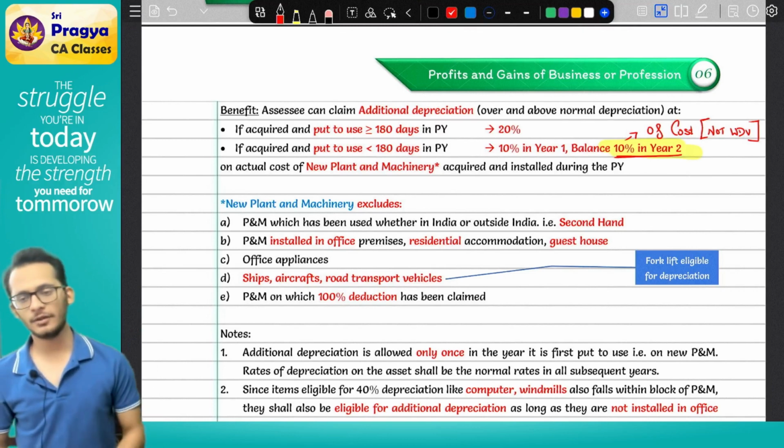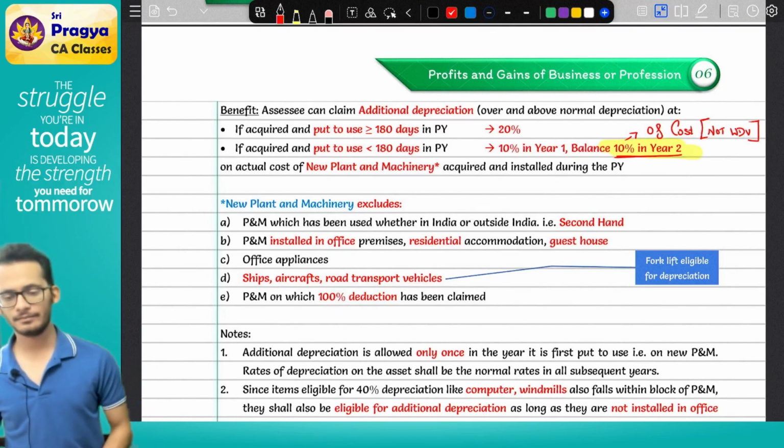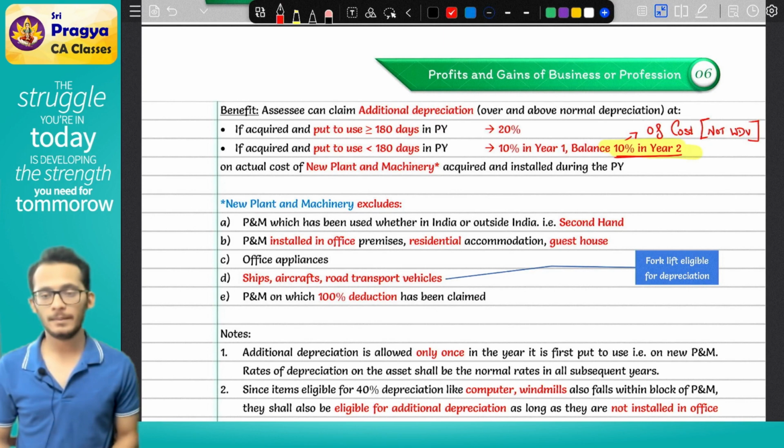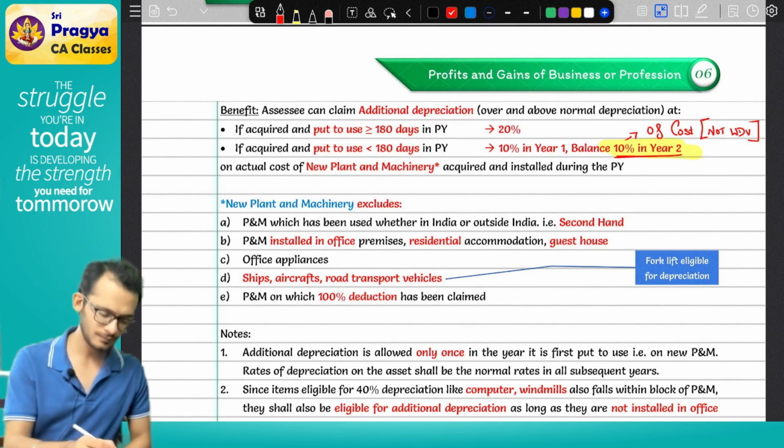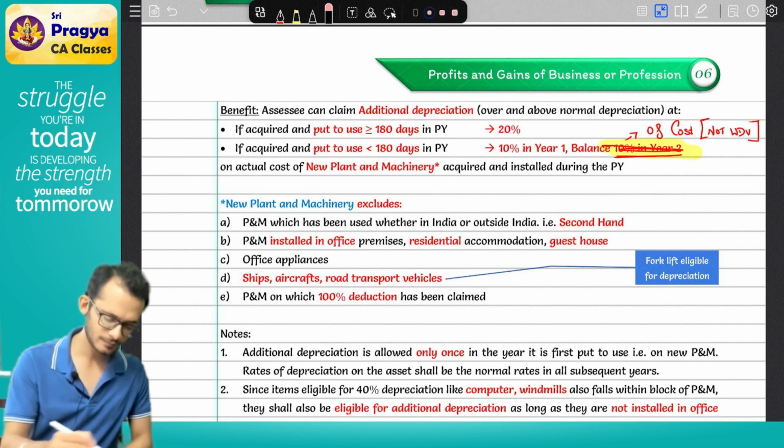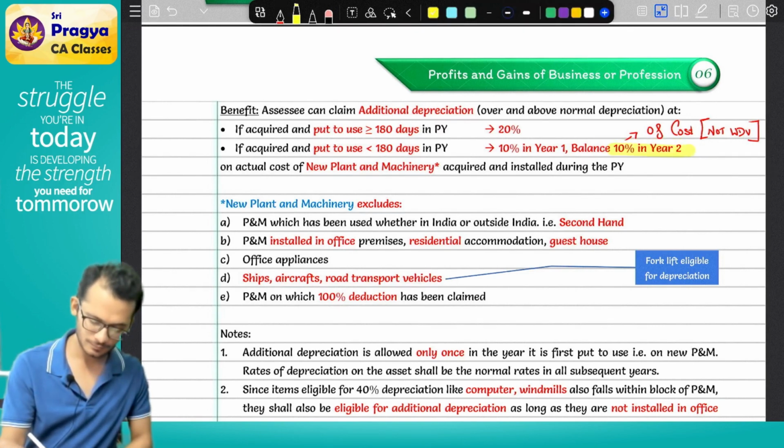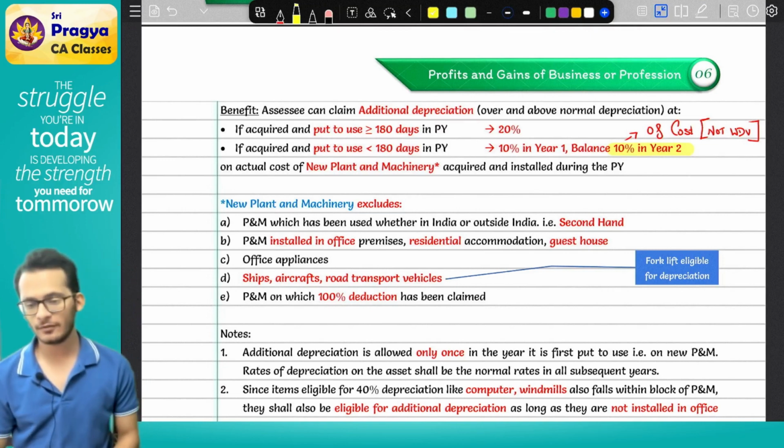It is 10% of cost and not WDV. Yes, sir.